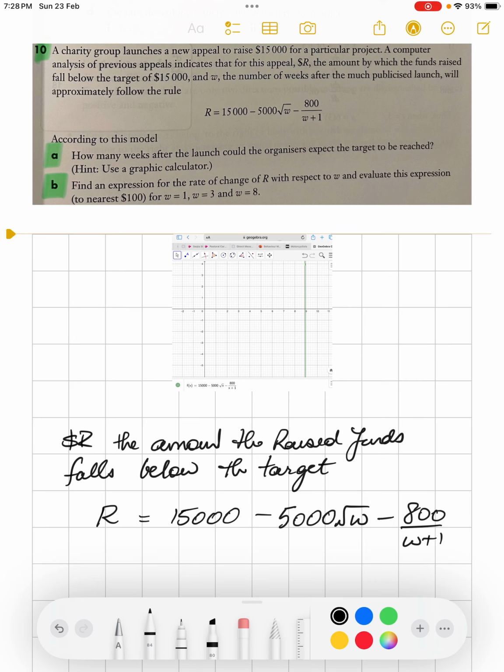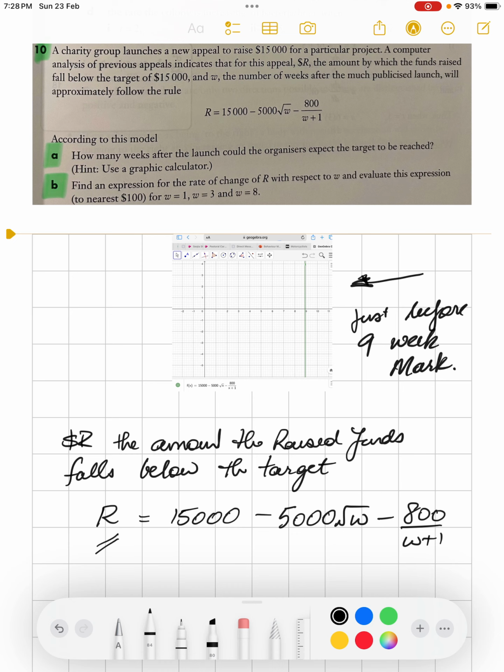Well, they're trying to get $15,000 each week, but each week R causes it to drop below the 15,000. Now there's a graph here. It's really hard to see, but this function crosses the x-axis just before the 9-week mark.